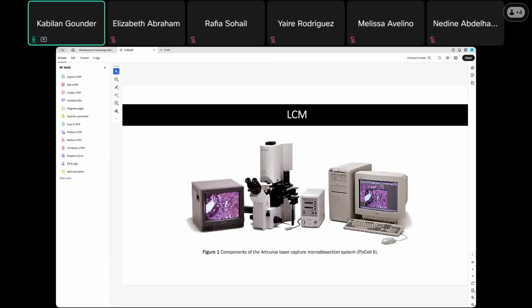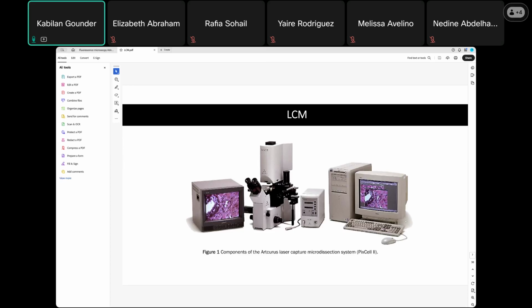So this is a typical laser capture microdissection microscope. Everything is the same as a fluorescence microscope, except the light source, xenon or mercury, because it protects the laser. Otherwise, everything is the same. When you look at this area, that is where you collect the tissue sample.